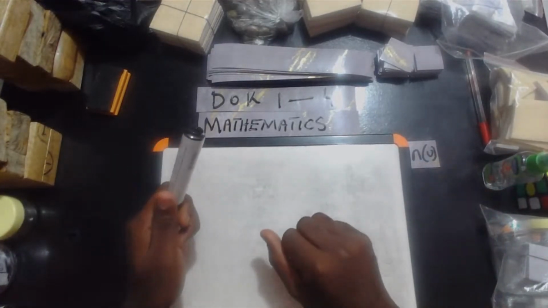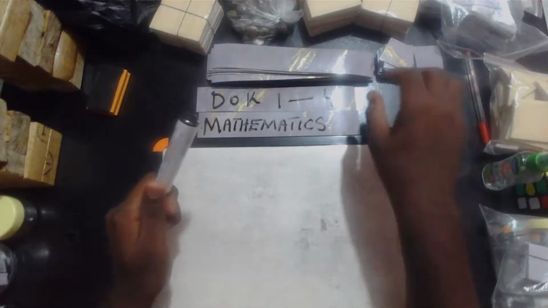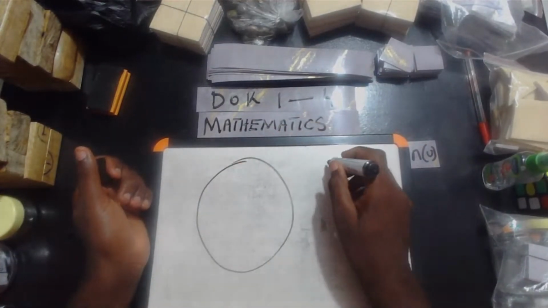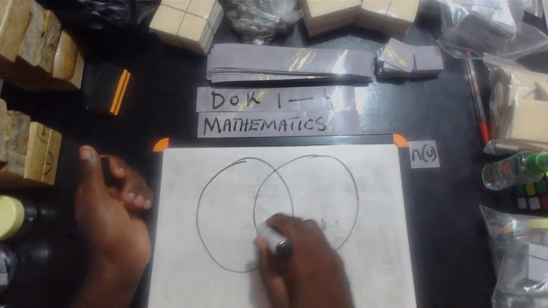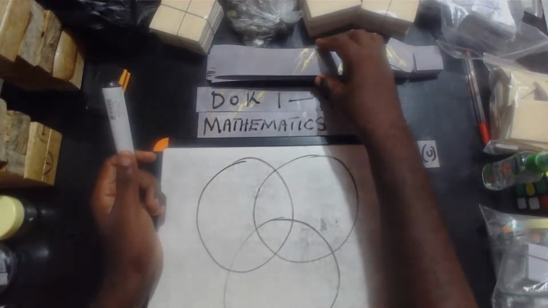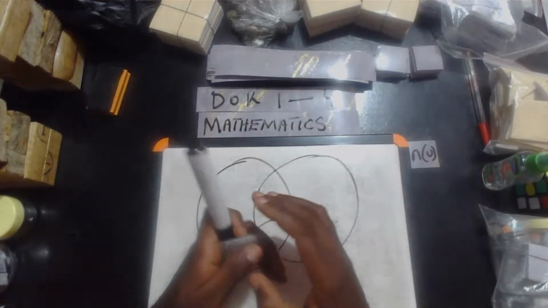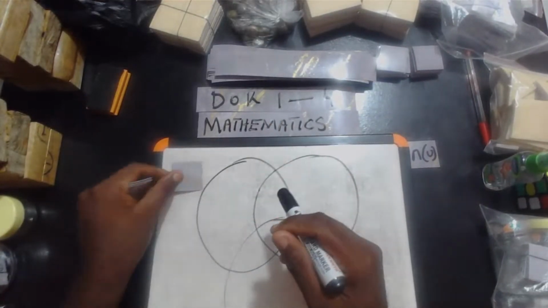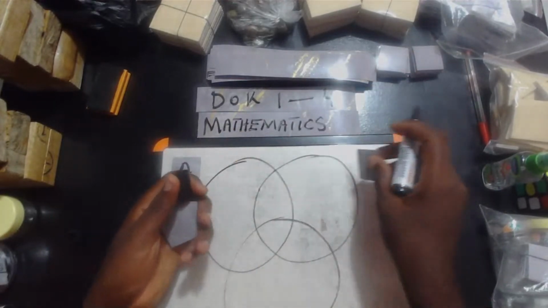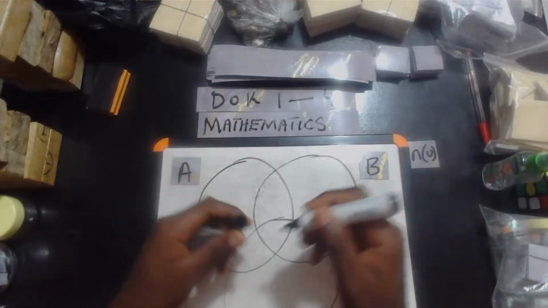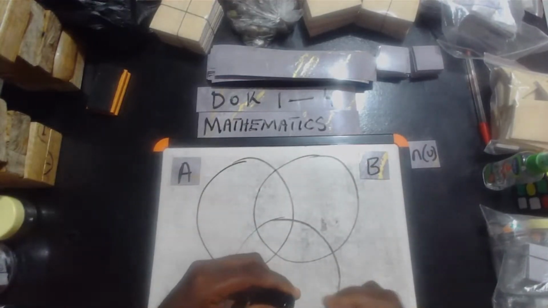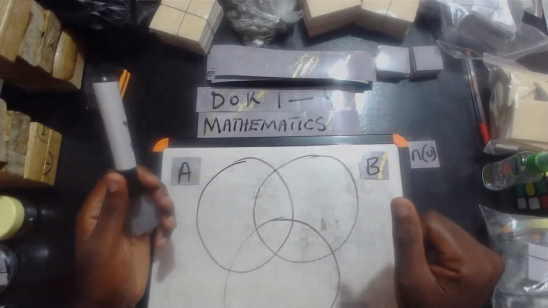We will have 3 unique circles inside our universal set: those who belong to set A, those who belong to set B, and those who belong to set C. These are the 3 sets.